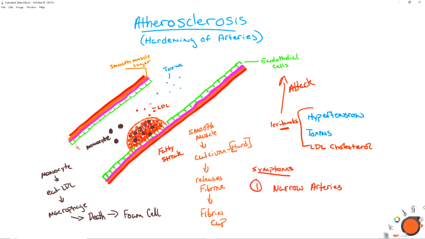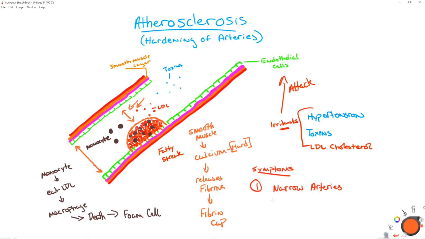So now look at the diameter. We had a very open, wide diameter blood vessel, artery, but now we're going to a very narrow diameter for blood flow to actually start to come through this.